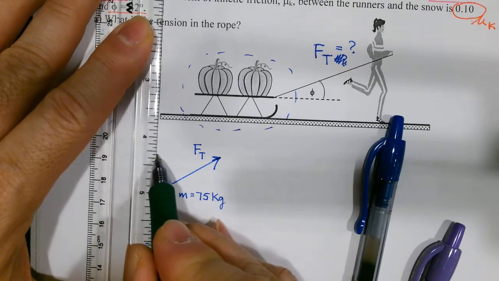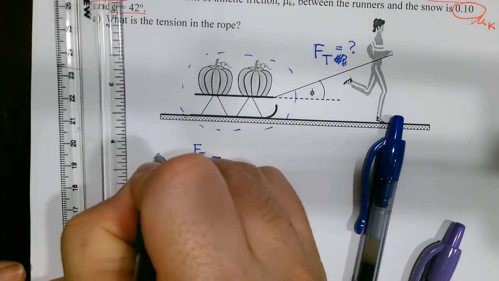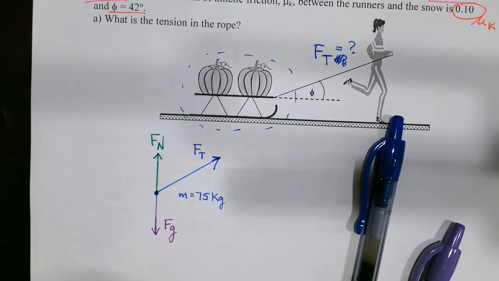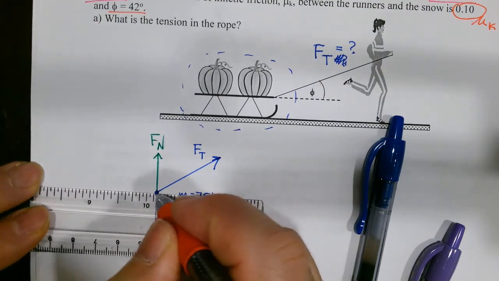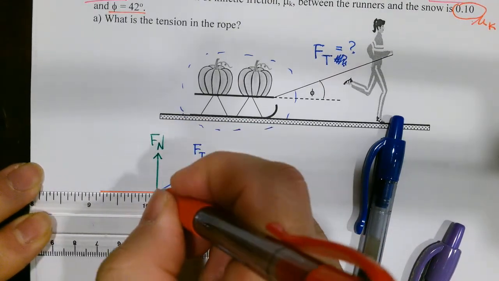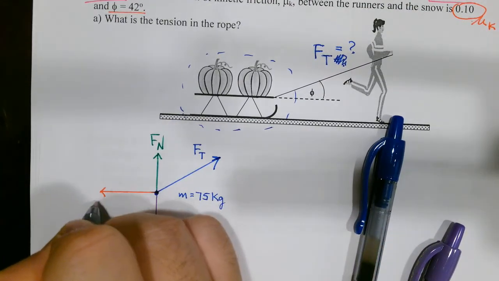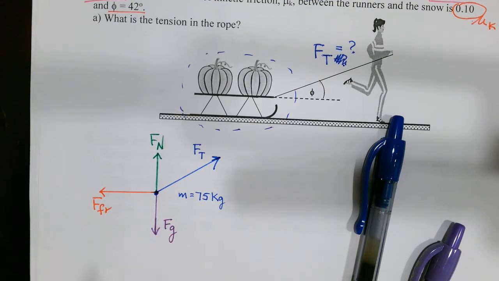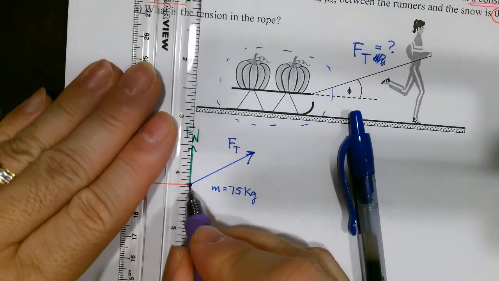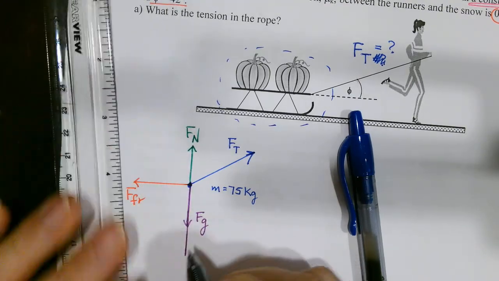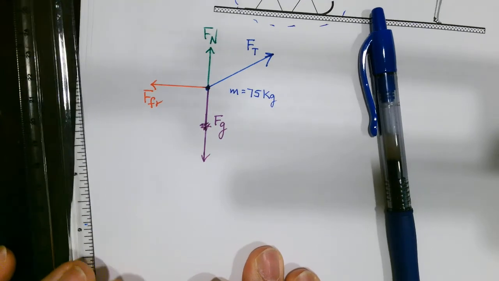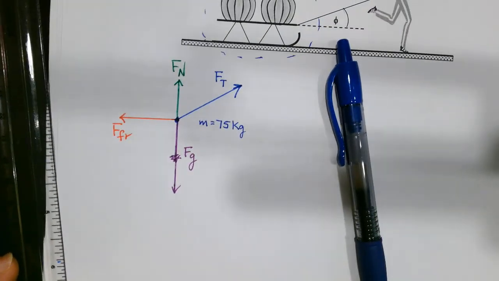Now, again, these are not to scale. And I have friction. Fg has to be a lot bigger than this, actually, if you want to make it to scale. So okay. And here's the reason why.